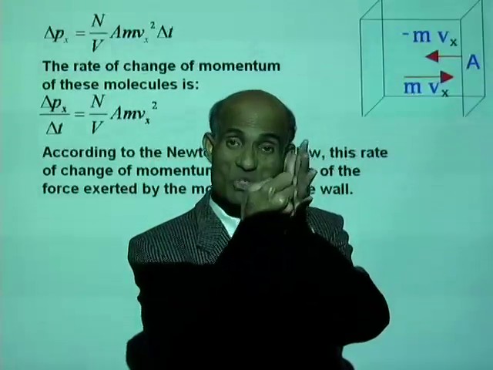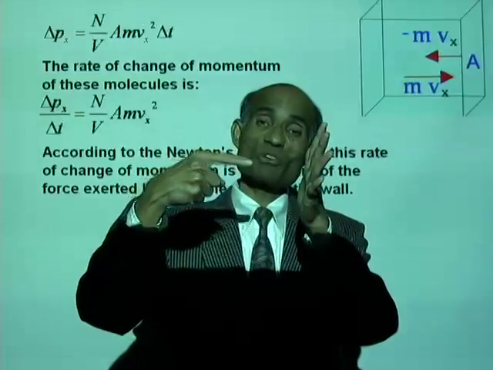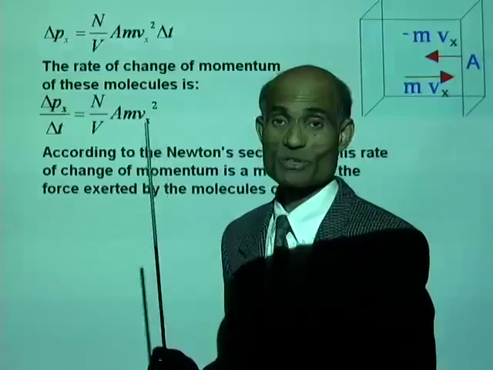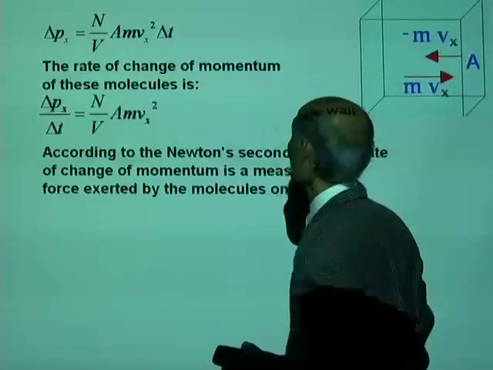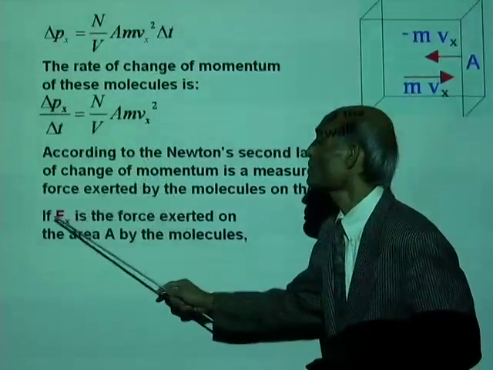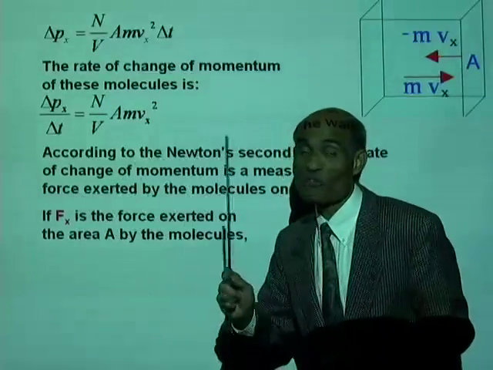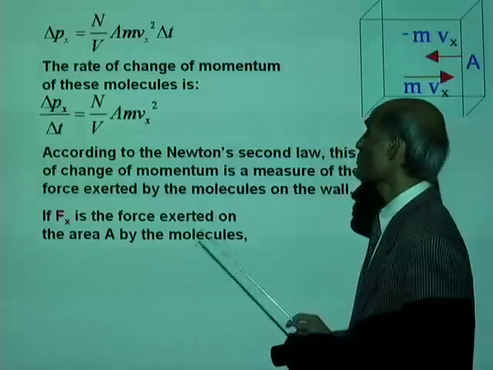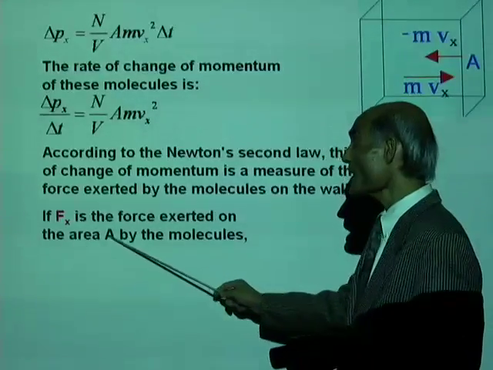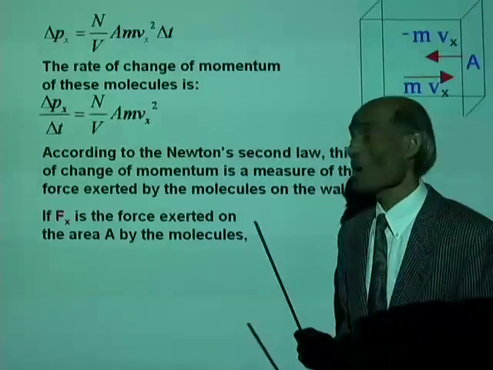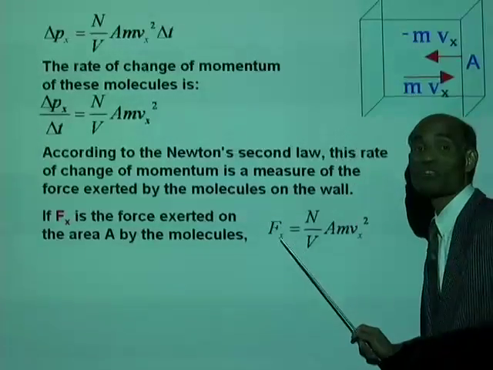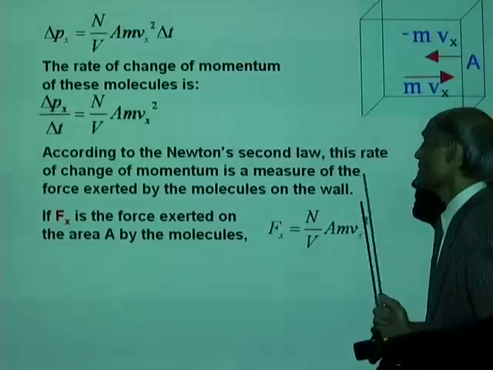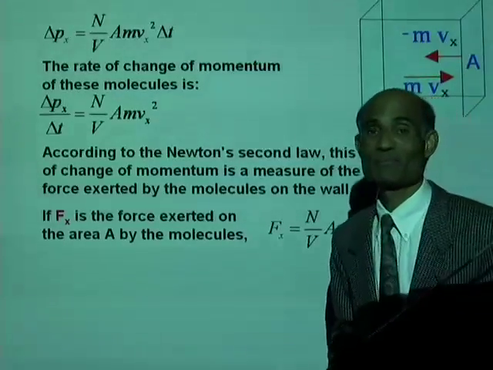So that rate of change of momentum is a measure of the force exerted by all these molecules on this wall. Therefore, we can say, if Fx, we are now considering only the x direction, if F sub x is the force exerted on the area A by these molecules, we can say F sub x is equal to N over V A m vx squared.